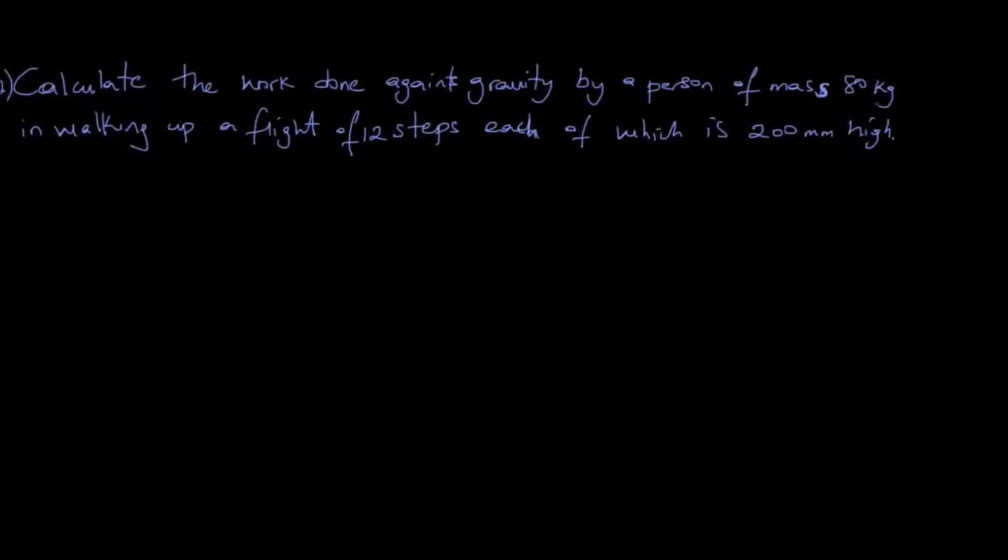So question 2 says, calculate the work done against gravity by a person of mass 80 kilograms in walking up a flight of 12 steps, each of which is 200 millimeters high. So let's say this is our flight of steps: 1, 2, 3, 4, 5, 6, 7, 8, 9, 10, 11, 12.